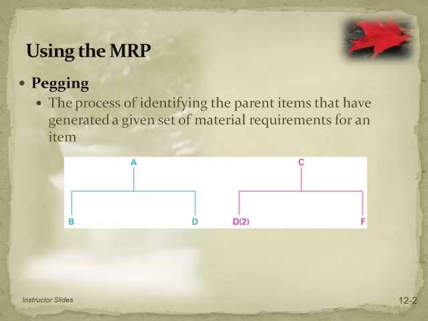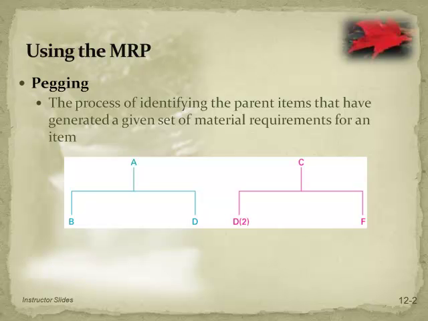Now, let's take an example. Let's say that we need to deliver 100 of the A part and 100 of the C part. At this point, we're going to ignore the timing dimension of when we need them. Let's just say we need 100 of each. So in order to produce 100 A's, I'm going to need 100 D's, assuming I have no inventory of D's.